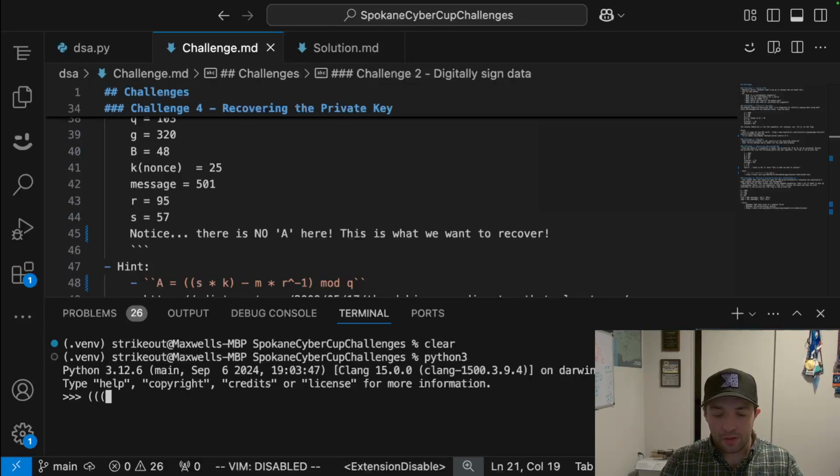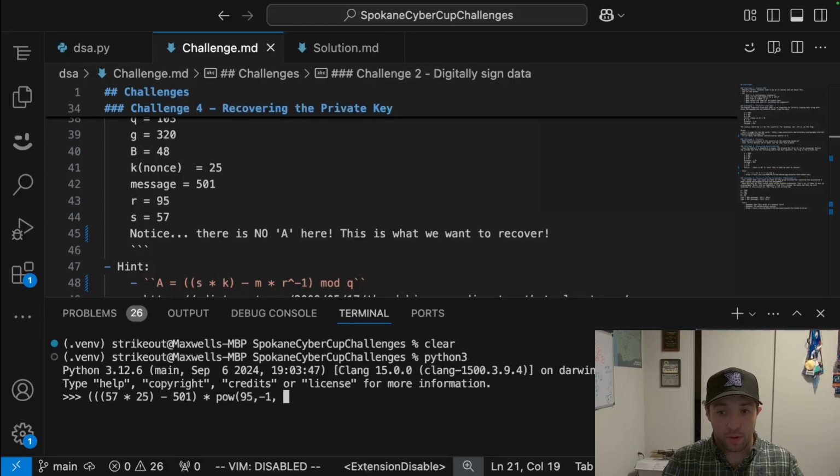We're going to do S, which is 57, times K, which is 25. We're going to subtract M, which is 501. And then we're going to multiply that by the modular multiplicative inverse of R. We can see that R is 95. So R to the power of negative 1 determines the multiplicative inverse.